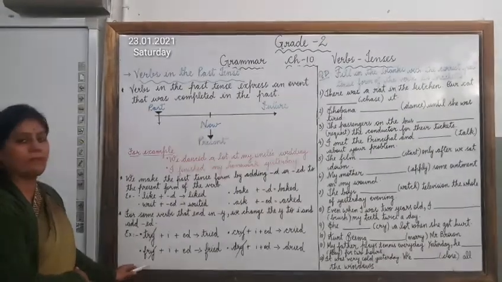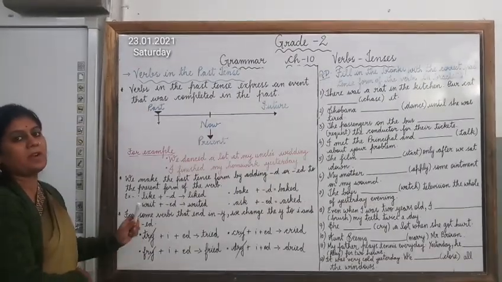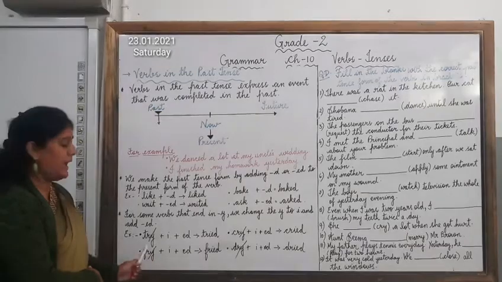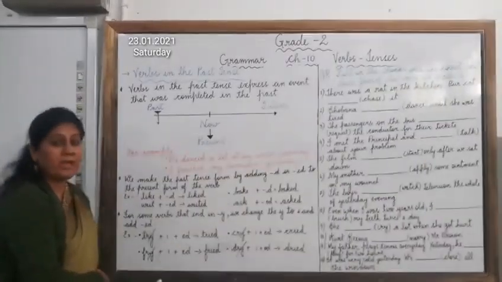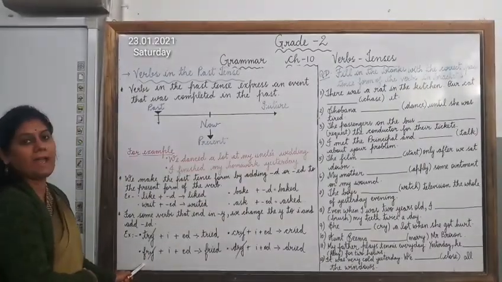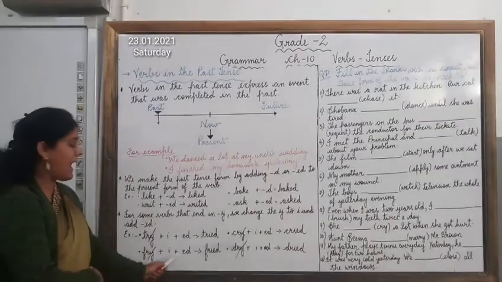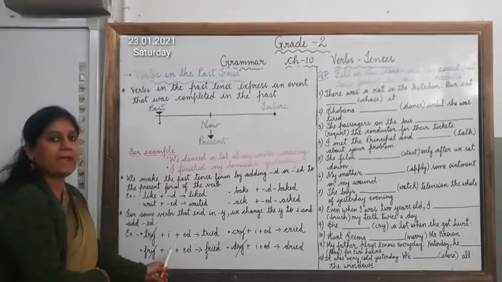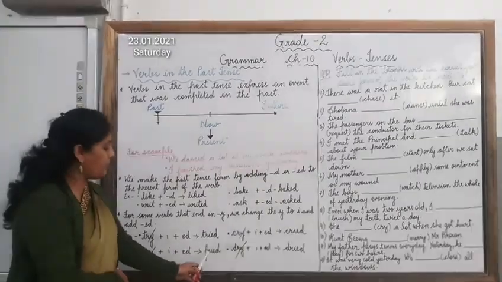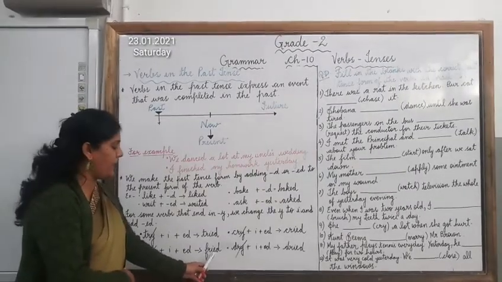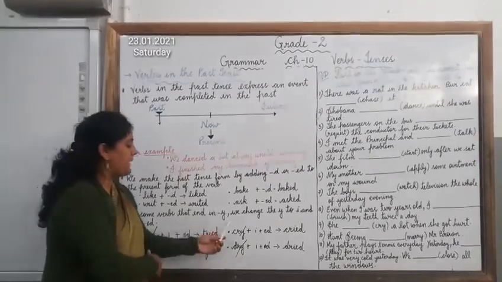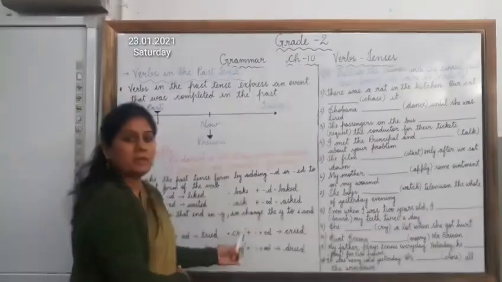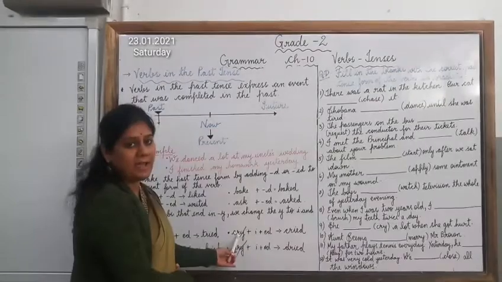In the present form, fry. But when we convert it into the past tense, it will become fried. Means we have to drop the letter y and we add i and ed. Okay children, instead of y we add i and we add ed. So it will become fried. F-R-I-E-D, fried.